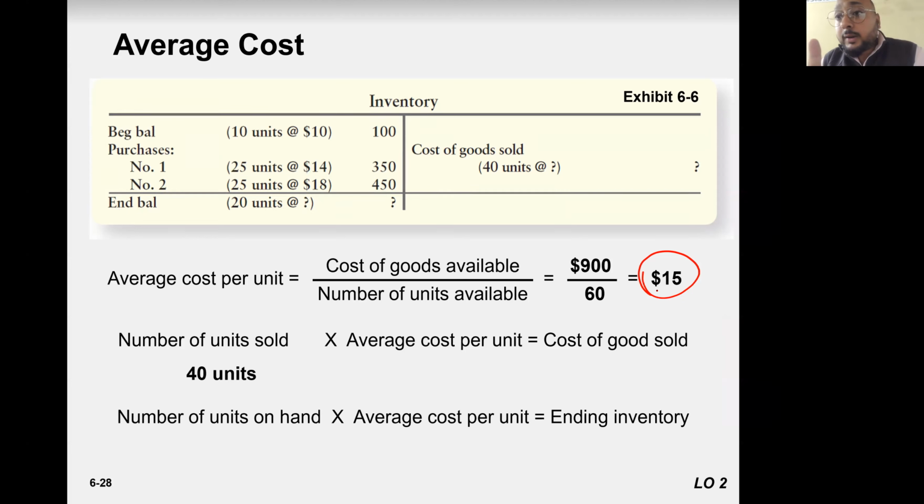So what is the cost of units sold? You have sold 40 units. So cost of goods sold is 40 multiplied by 15, which is 600. Here you will write cost 600.